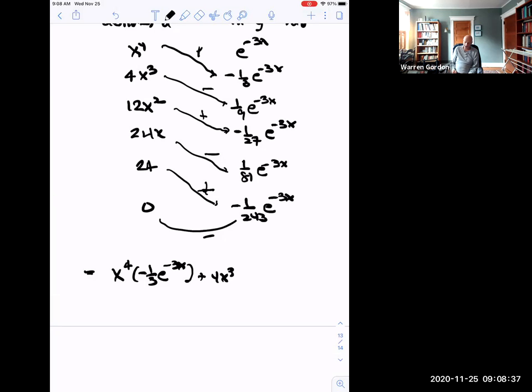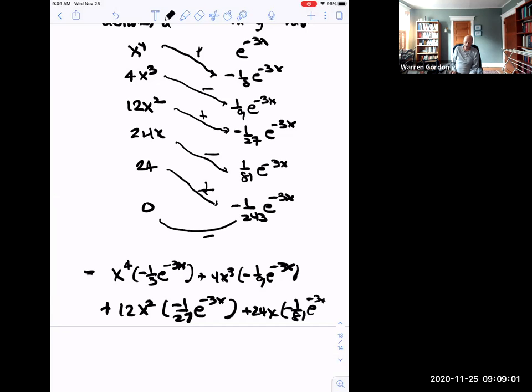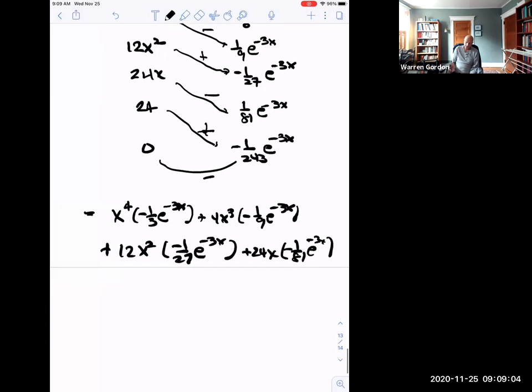Now there's a minus sign, so I get a minus 1/9 e to the minus 3x plus 12x squared times minus 1 over 27 e to the minus 3x plus 24x minus 1 over 81 e to the minus 3x plus 24 minus 1 over 243 e to the minus 3x. And of course, my arbitrary constant.